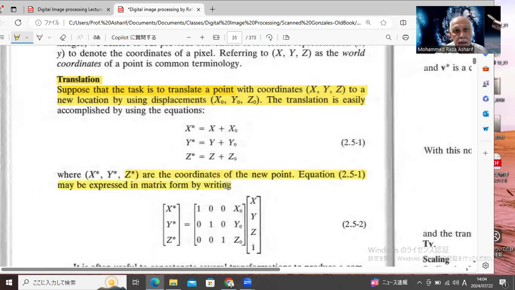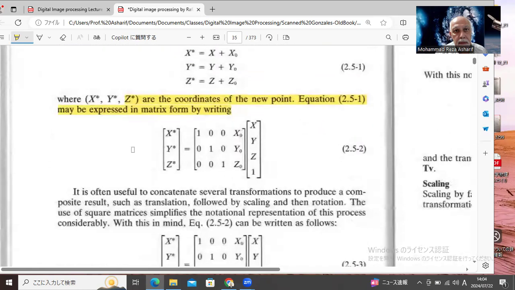In order to write it as a matrix relation, we have 3 dimensions here, but we add a 1 and make a matrix of 3 by 4. When you perform this matrix multiplication, 4 by 4 inside, the result is 3 by 1: x star, y star, z star, exactly x plus x0, y plus y0, z plus z0.